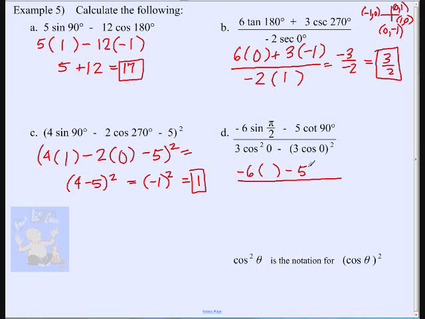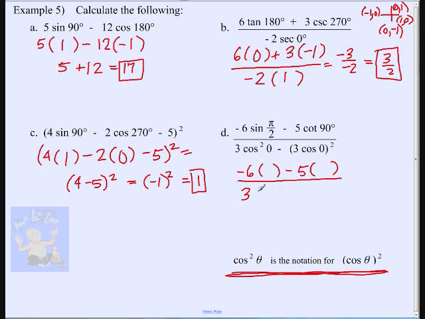Minus 5 times whatever the cotangent is of 90 degrees. And that's all over 3. Oh, this is a little tricky. This notation where they put the square right beside cosine and before the angle measure, please note down here. That's simply the notation that's used. What it's really saying is we're going to take the cosine of theta and square the whole thing.